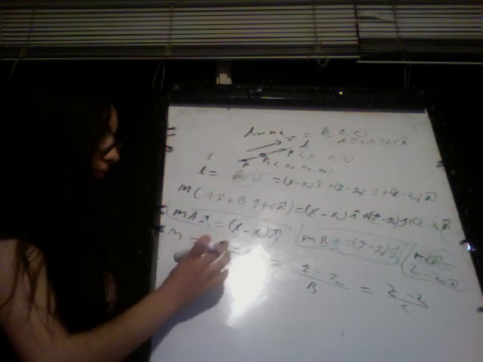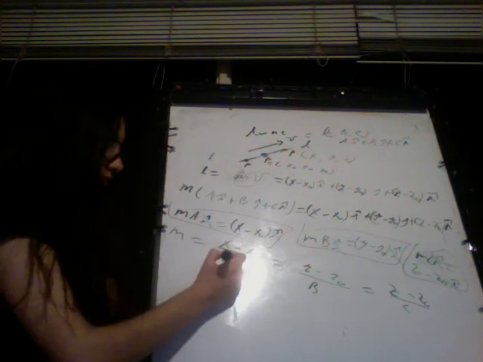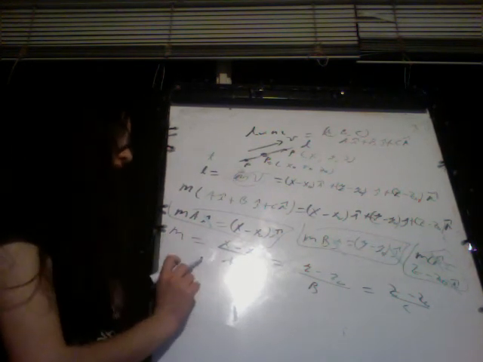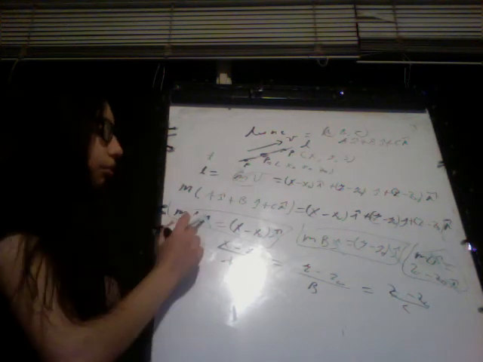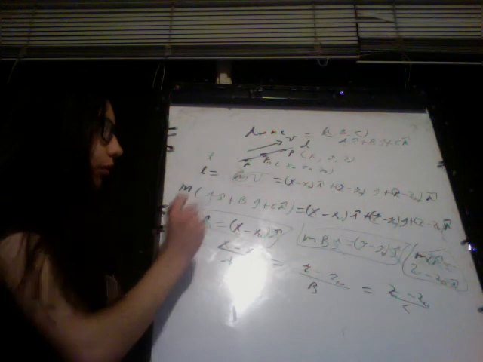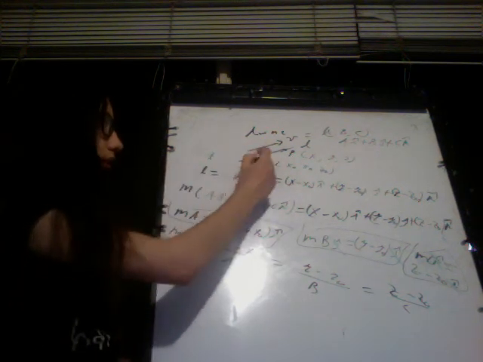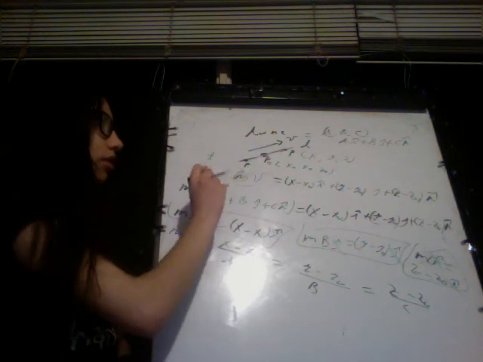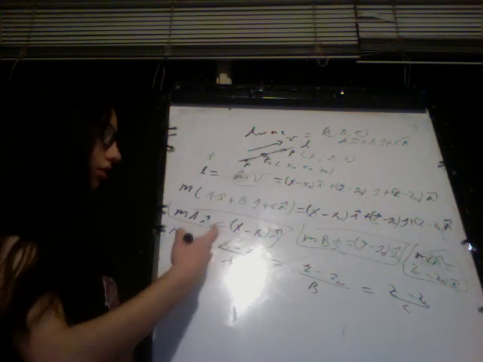Here the trouble is, let's say that we have A equals 0. So the A component, the i component of this vector, is 0. That means that this vector lies in the yz plane.